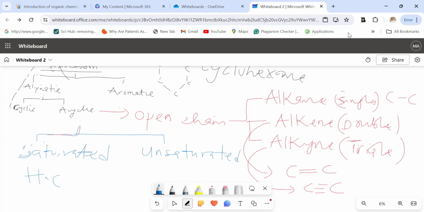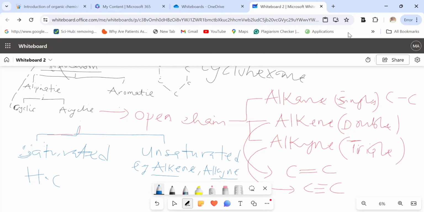Then unsaturated hydrocarbons are those compounds that have deficiency of two or more hydrogen atoms. They lack two or more hydrogen atoms. Examples of unsaturated hydrocarbon are alkene and alkyne. Alkyne has at least one triple bond, so there is deficiency. Alkene also has deficiency of some hydrogen atoms.